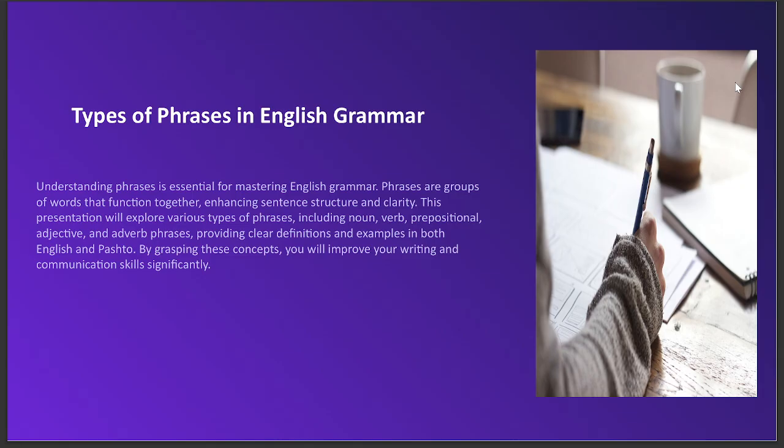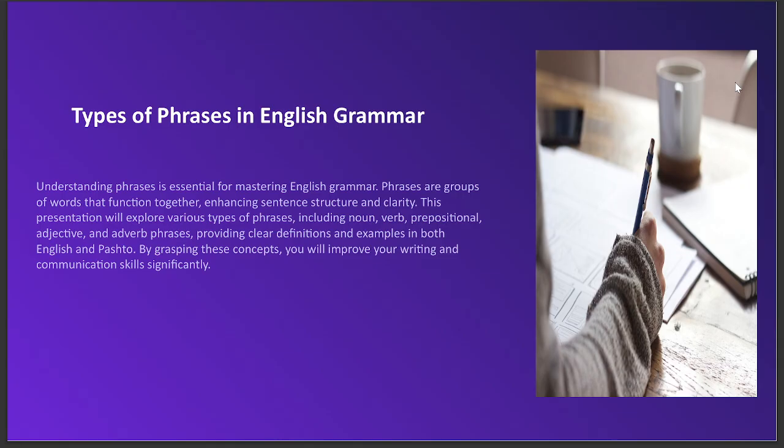We know that whenever you want to make a proper sentence, you need some particular arrangements for it. Phrases are groups of words that function together, enhancing sentence structure and clarity. This presentation will explore the various types of phrases: noun, verb, prepositional, adjective, and adverb phrases.